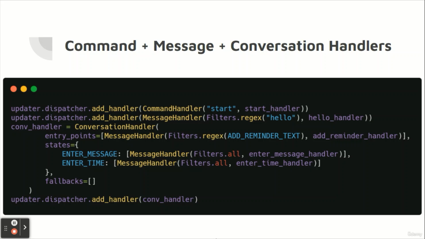Also, there is conversation handler, which is used to hold a conversation through Telegram updates by managing 4 collections of other handlers. The first collection, list named entry points, is used to initiate the conversation. It can be any handler, for example, some command or message. The second collection, dictionary named states.